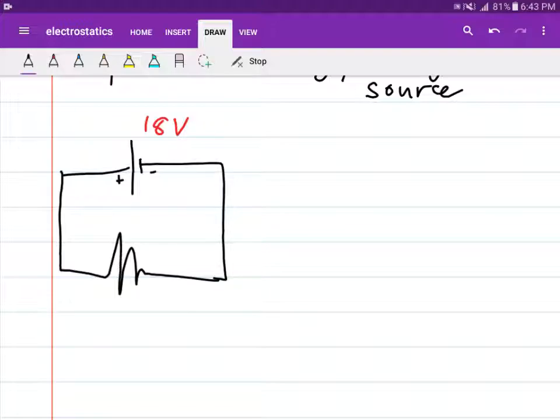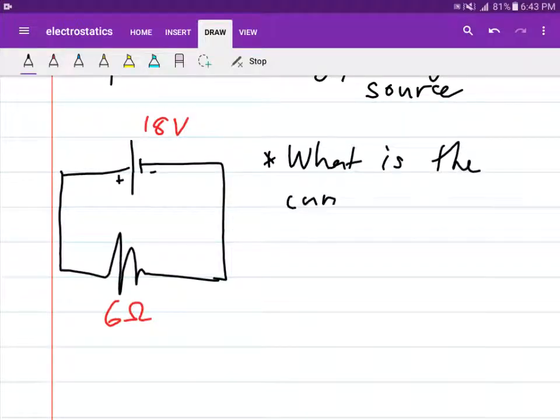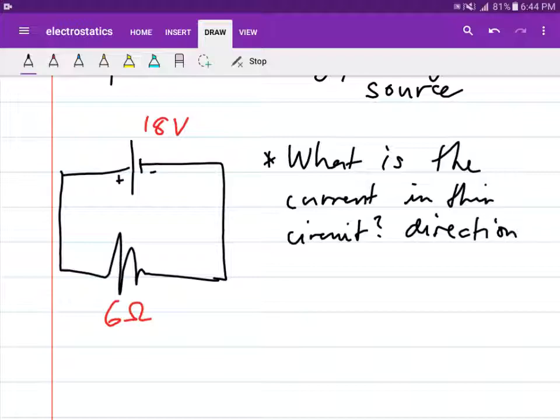And this resistor has a resistance of 6 ohms. Let's try to ask, what is the current in this circuit? And moreover, what is the direction of this current?